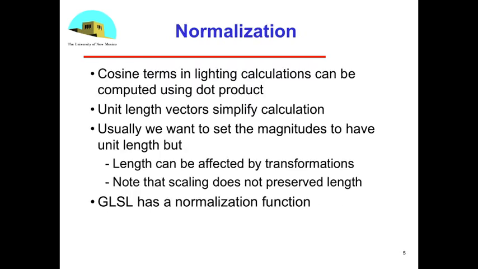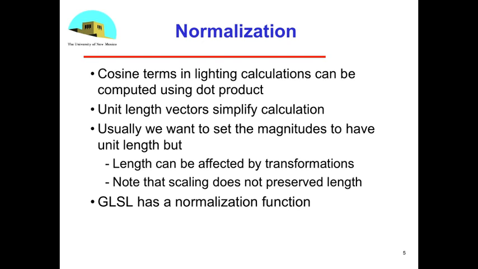Now, we also said when we derived the models that we wanted things to be normalized, and so we'll use a normalization function both within GLSL, and also there's one, as you'll see, within MV.js. We've said that if you normalize early for most applications, the further calculations will be simplified because things are already normalized.